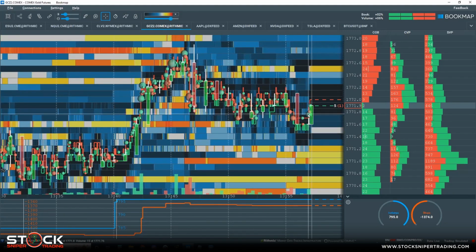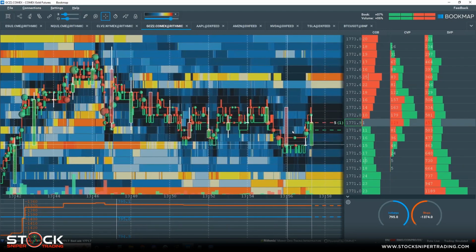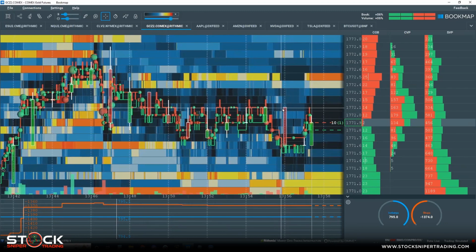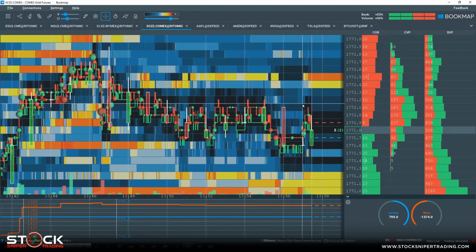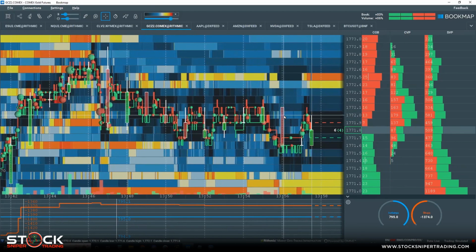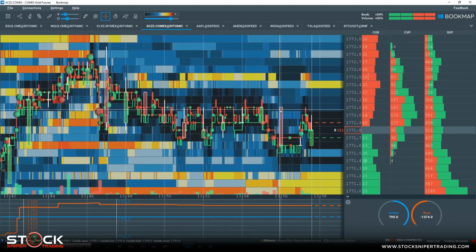Here come the buyers, right? Look at the sellers. Look at how it closed down here. What if we do get buyers up here? I would anticipate a short squeeze. That would be a scenario to take a look at. And is this 30 seconds or 1 minute here? Yeah, it's 1 minute.